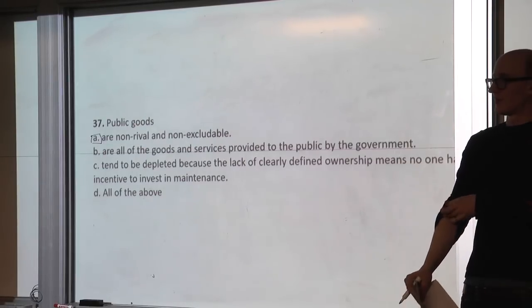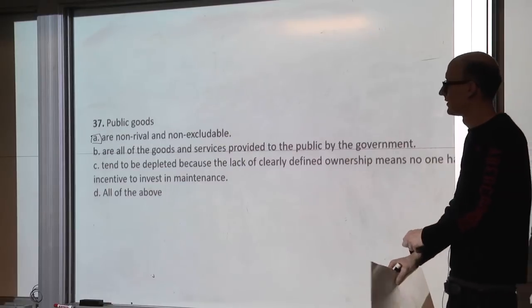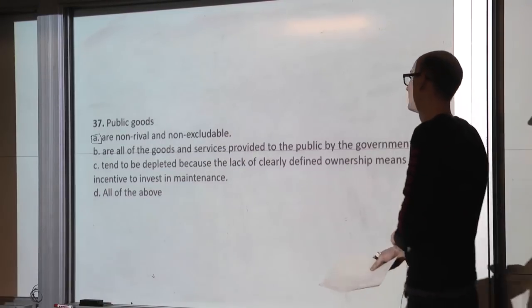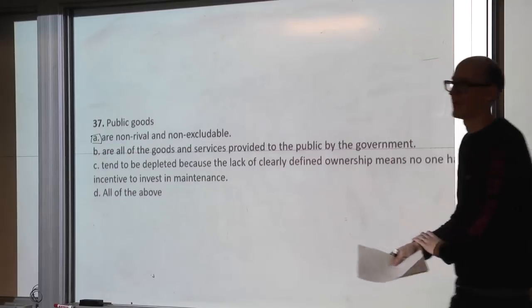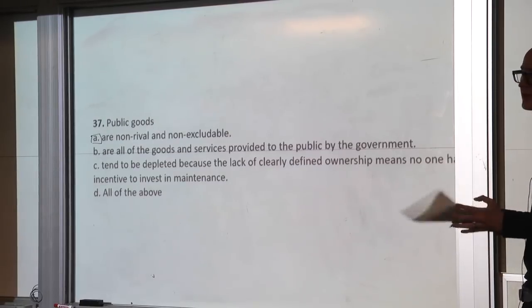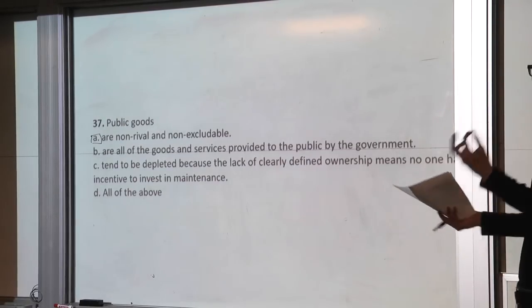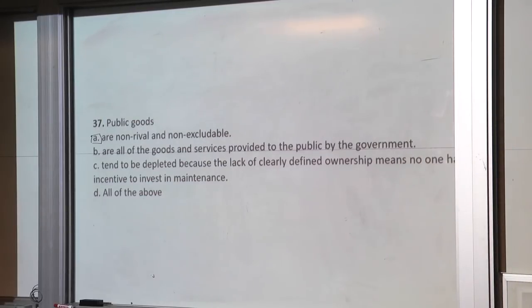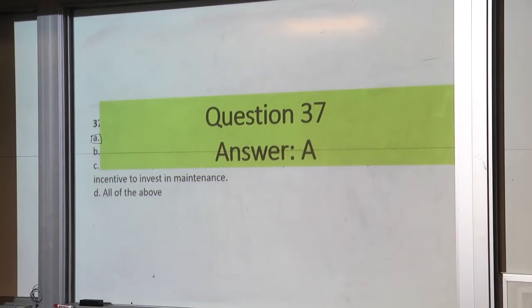What would be a good example of a non-rival good? Public Wi-Fi. As long as the Wi-Fi bandwidth is so large that my consumption doesn't affect your consumption, let's say it's much larger than anyone could ever use, then my consumption of it won't affect your consumption of it. So this is just the definition question. You should know it. Answer is A.